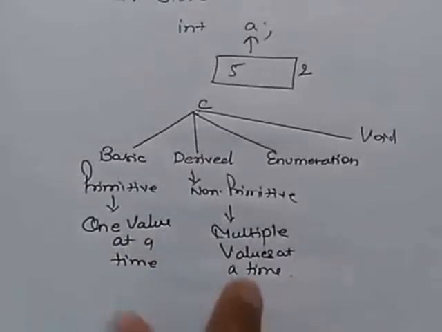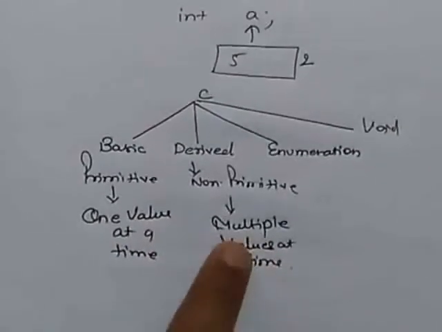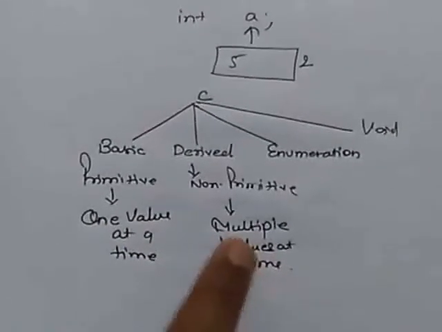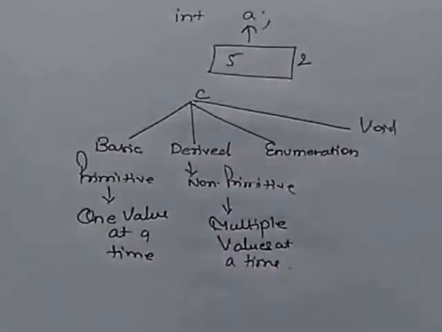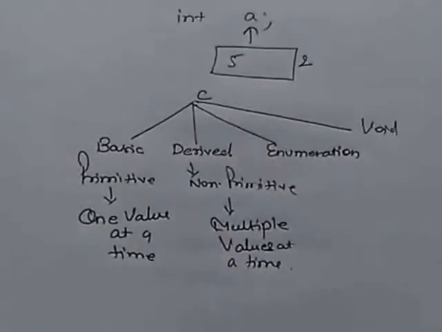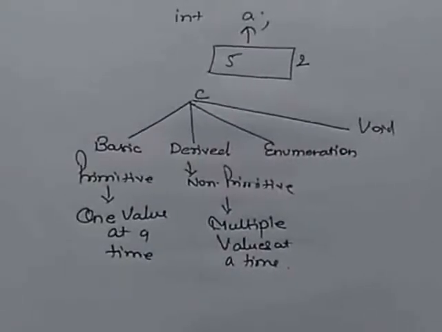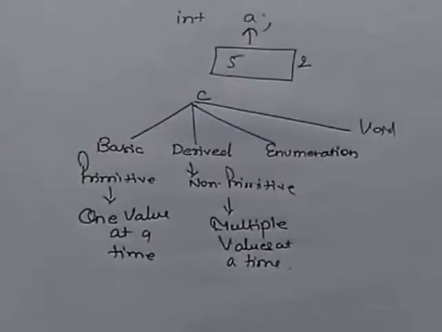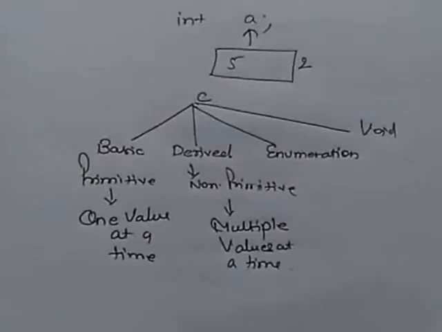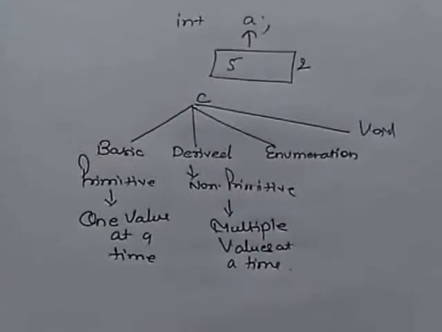For example, structure, union, array, linked list, etc. Now, enumeration is just like a constant, and void is also a data type, but it will be used as a keyword in C language.